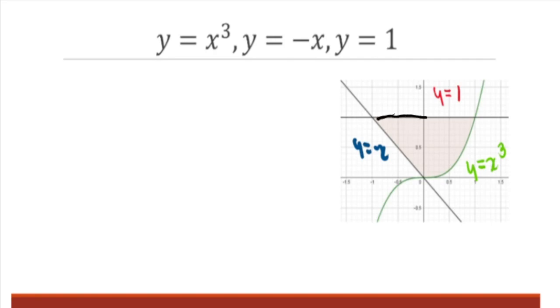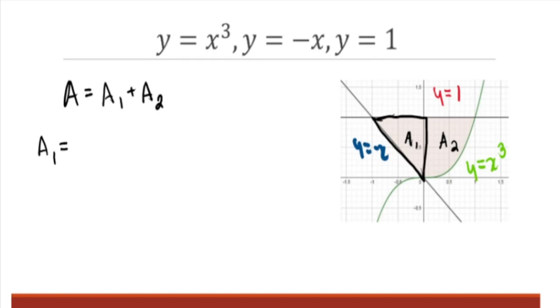Okay, let's consider this one. So this one is area 1. And then this is area 2. Okay, so the total area is given by area 1 plus area 2. Okay, in area 1, we can solve that by considering this definite integral.